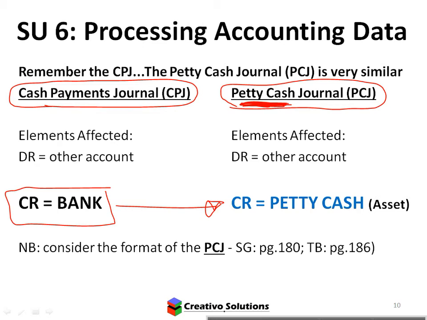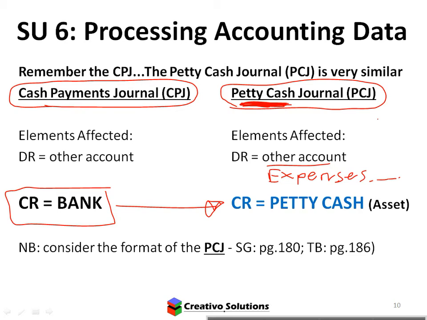Right, petty cash is going to be used for things like stationery, small expenses. You're not going to be buying land and buildings using petty cash. Okay, you're not going to be buying a vehicle using petty cash. Right, so when I say other account, we're looking generally at expenses, and maybe drawings. Right, the owner might take petty cash for his or her personal use.